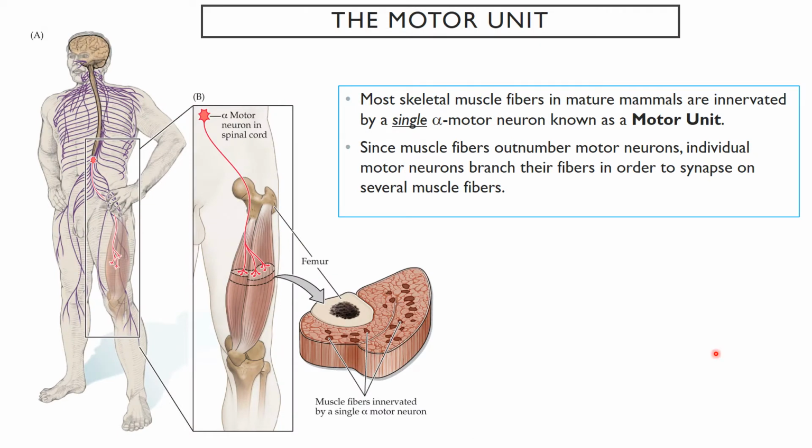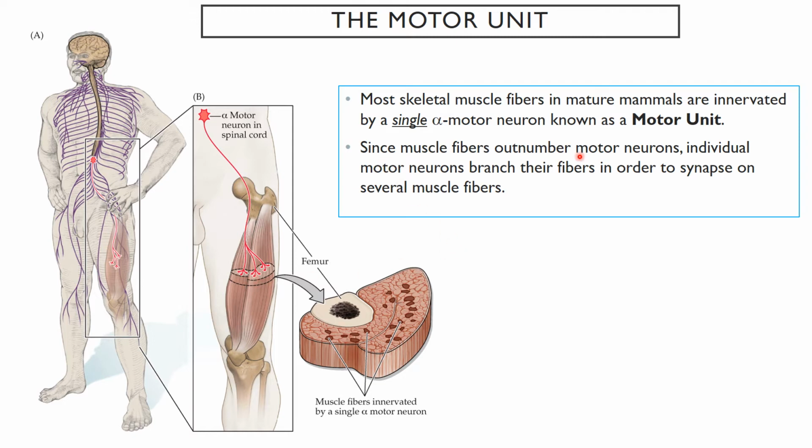We need to define what a motor unit is, because this is the fundamental unit of how muscle control works. Most skeletal muscles in a mature mammal are innervated by a single alpha motor neuron. These alpha motor neurons, those are the neurons that make up the dorsal horn of the spinal cord, and they will synapse onto one or several muscle fibers.